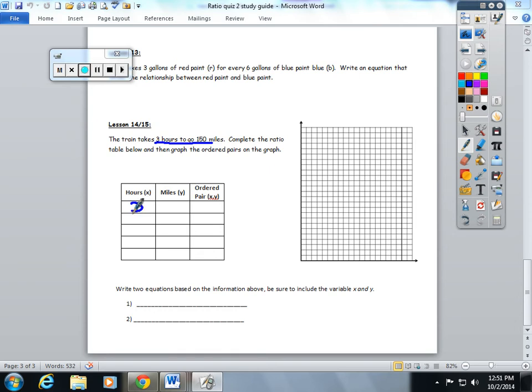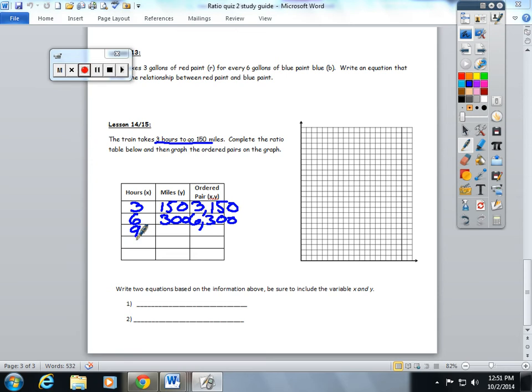So for 3 hours, there's 150 miles. And the ordered pair would be 3 to 150. And then it would be 6 hours to 300 miles, which would be 6 to 300.